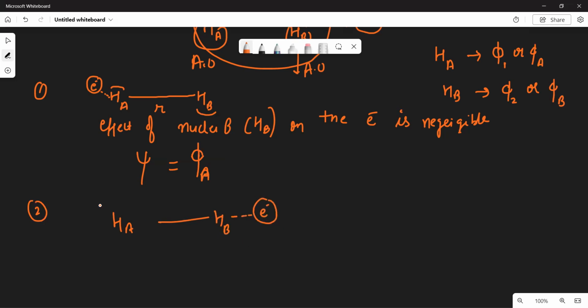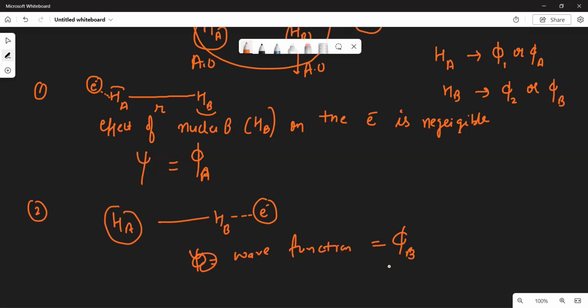Now the effect of nucleus A will be negligible, so the wave function in the second case will be equal to psi B.